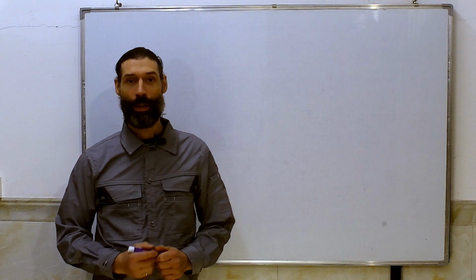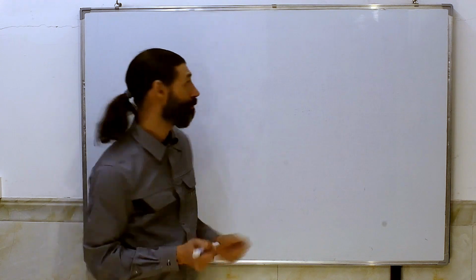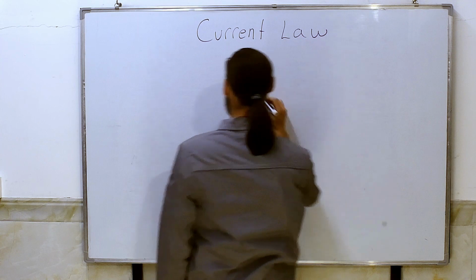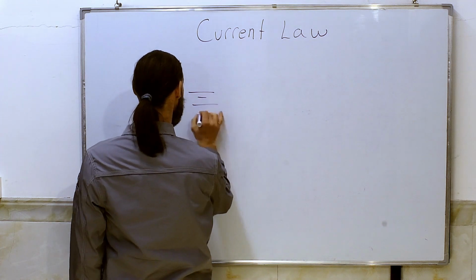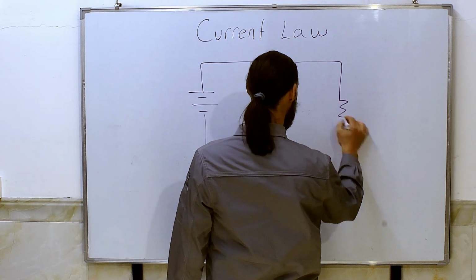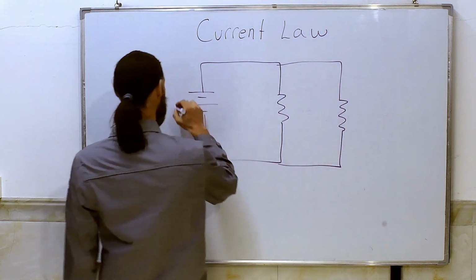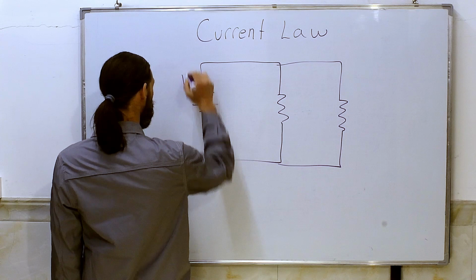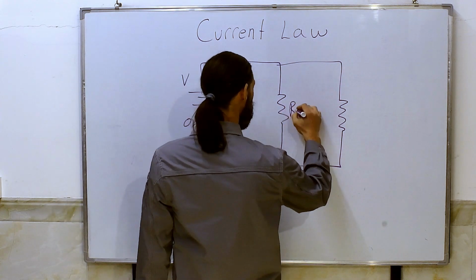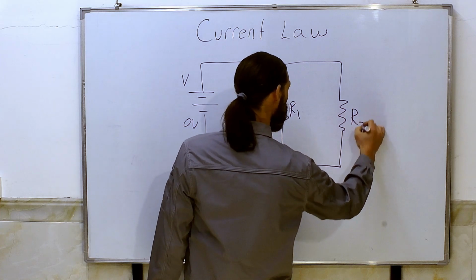All right, now we're going to look at Kirchhoff's current law. Let's draw our circuit. Here we've got V. Here we've got 0 volts. This is R1, R2.